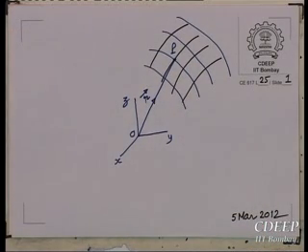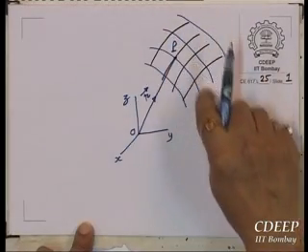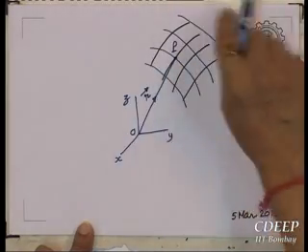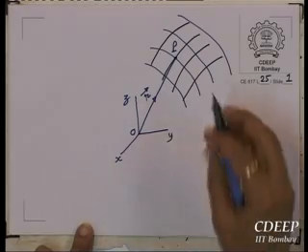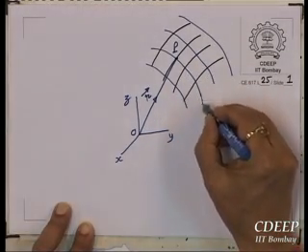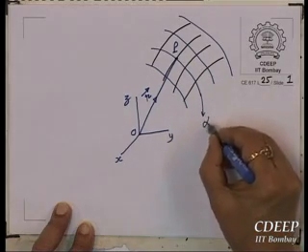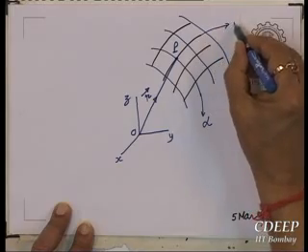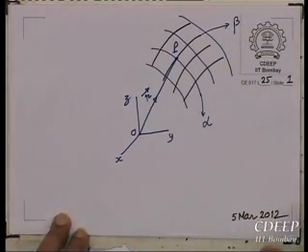But now r is moving not along a single curve, as earlier. Now it can move also along another curve. So let us call this curve the alpha curve, and this one beta.